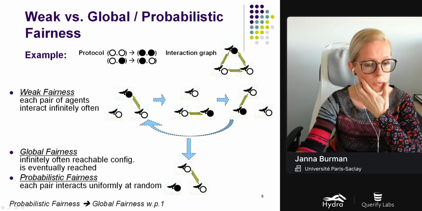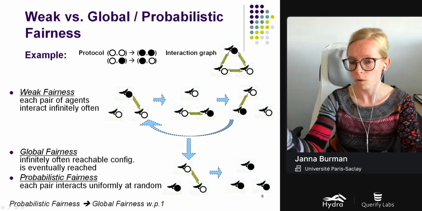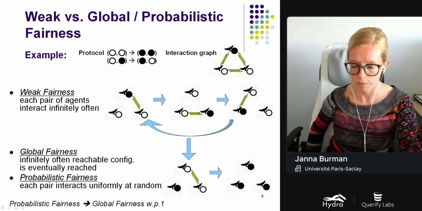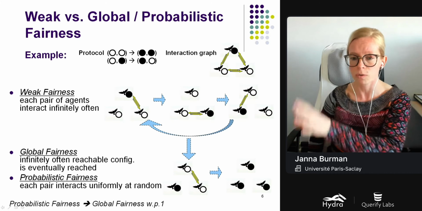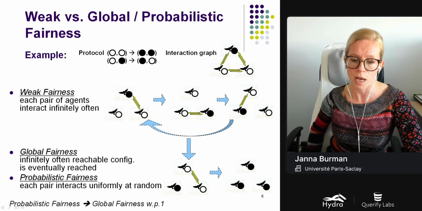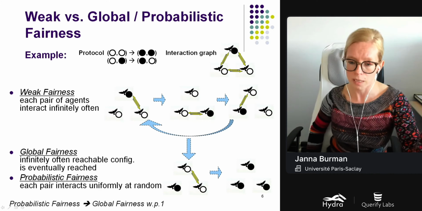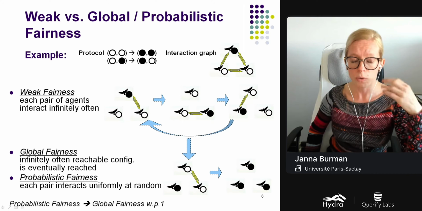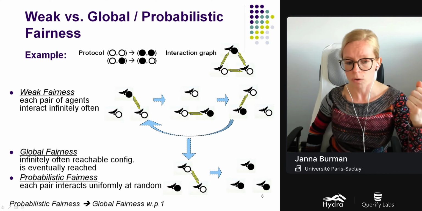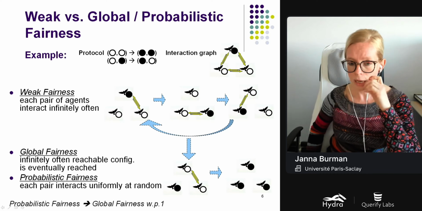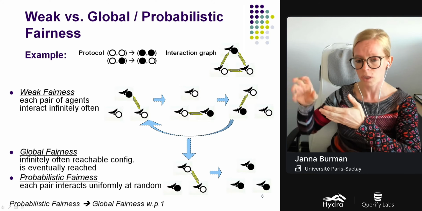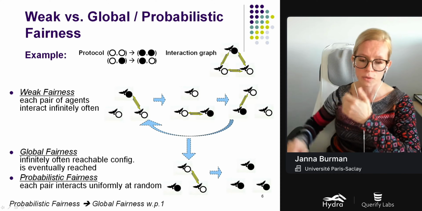And then we move to a configuration where all the agents are black, and we cannot apply any other rule. Okay, and we stay in such configurations from one step to the other. Agents can interact, but nothing happens. Okay, nothing changes. So with global fairness or with probabilistic fairness, we will eventually have a suffix of the execution having this black configuration.